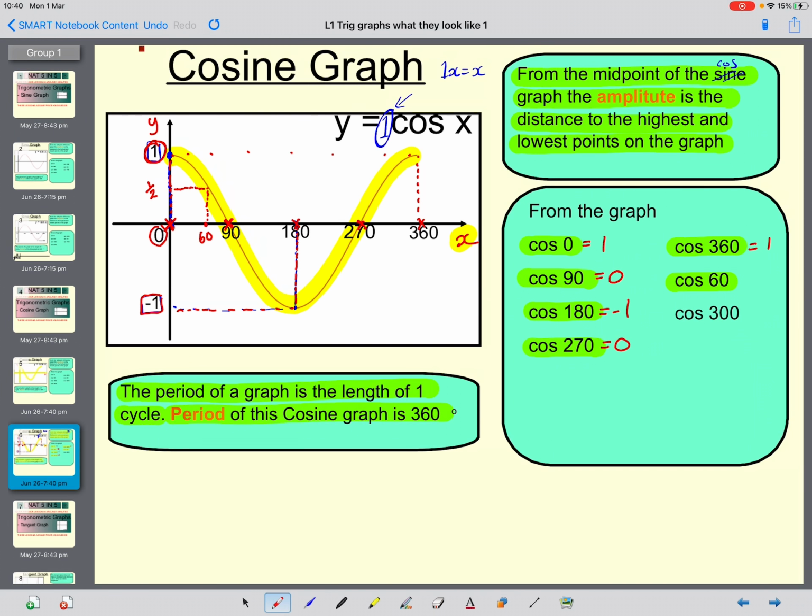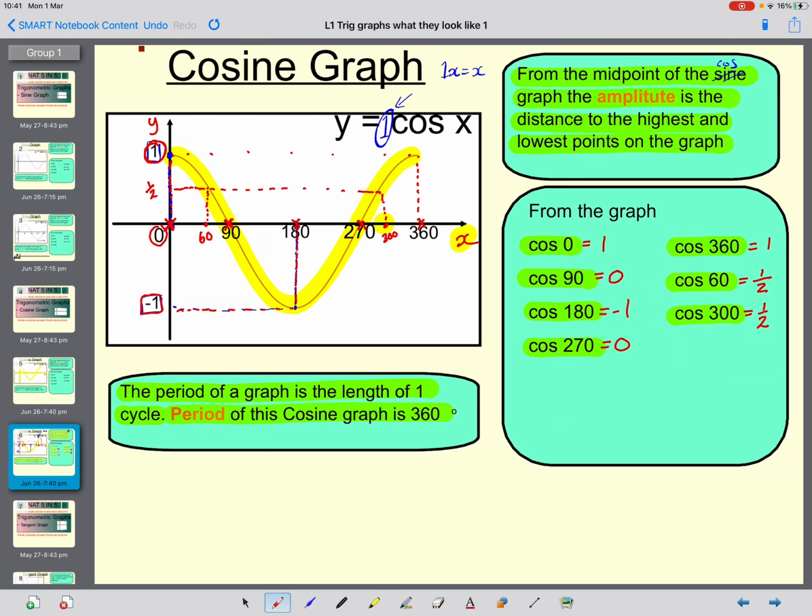Now if I did cos 300, which is probably about here, and go up to the graph again, you can see it's on the same line as cos 60. So cos 60 is 1/2 and cos 300 is also 1/2.